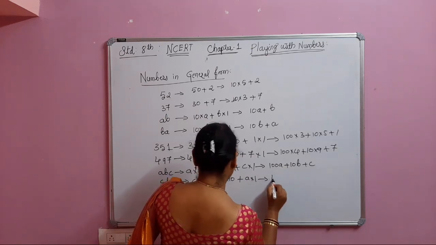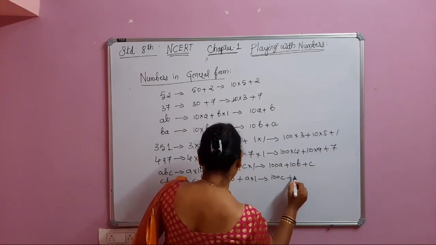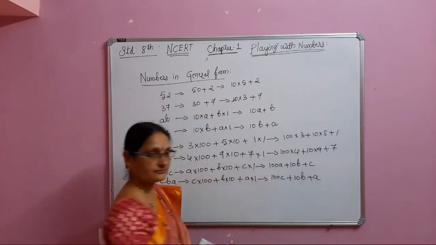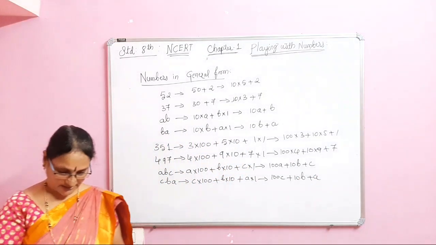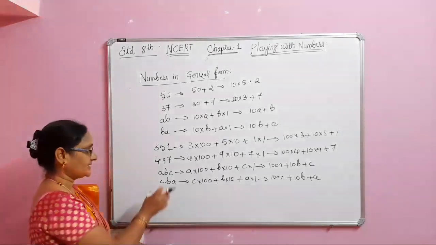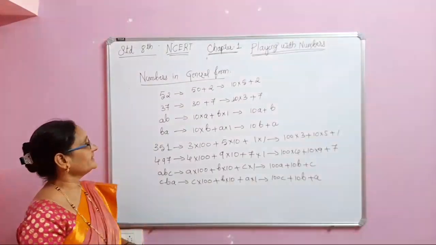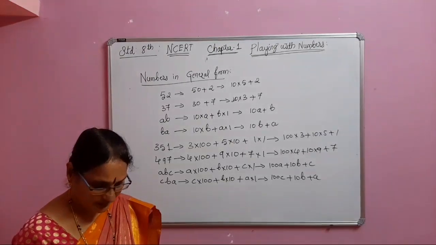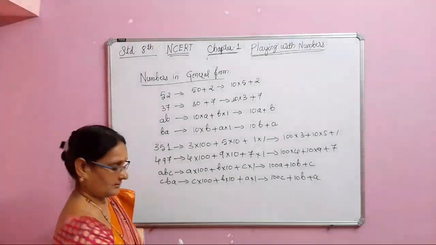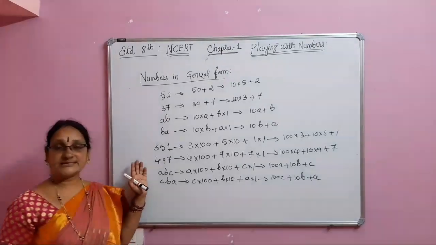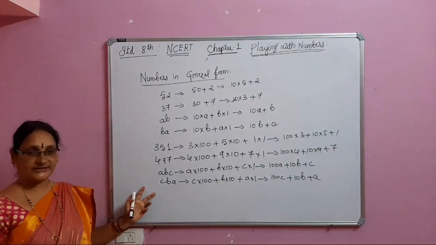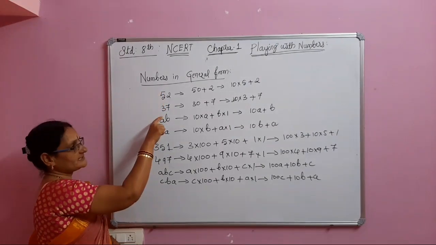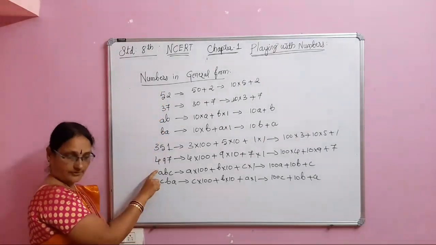This is nothing but 100C plus 10B plus A. This is the general form of a 3-digit number, and that is the general form of a 2-digit number. These are particular examples, and these are the general forms.